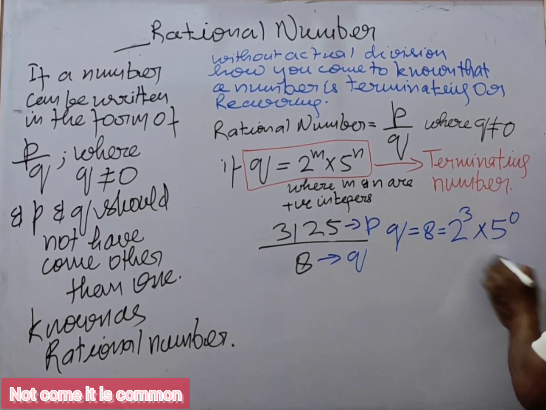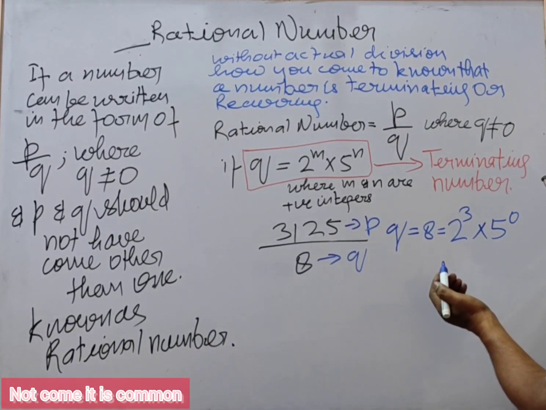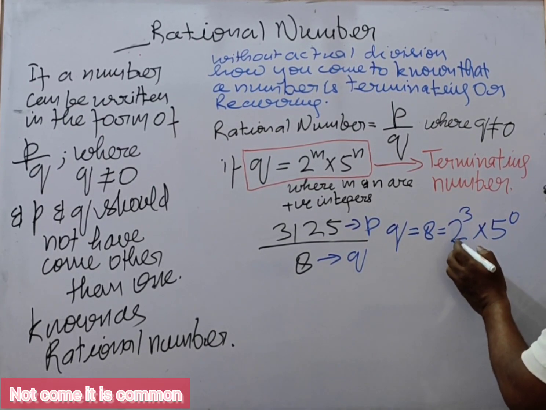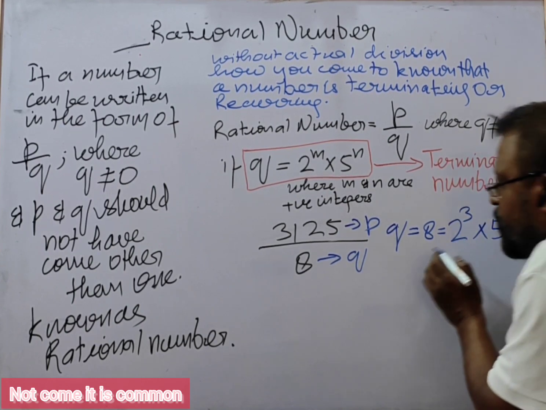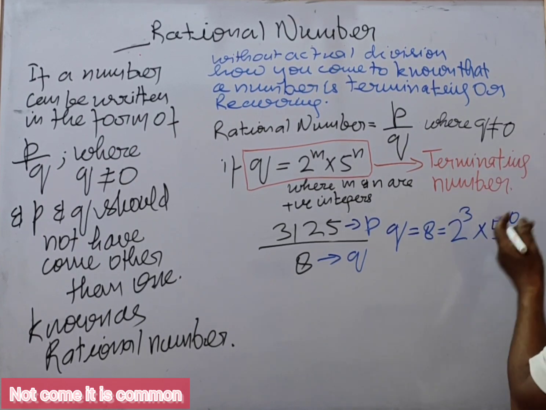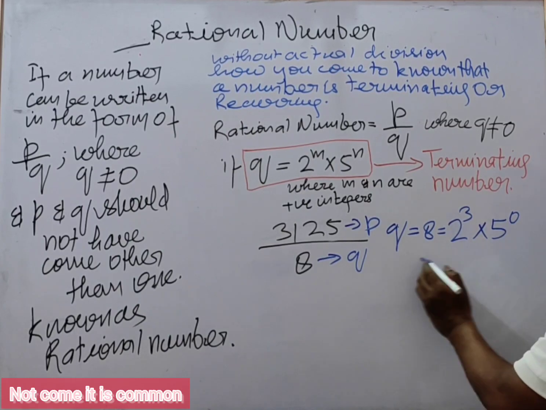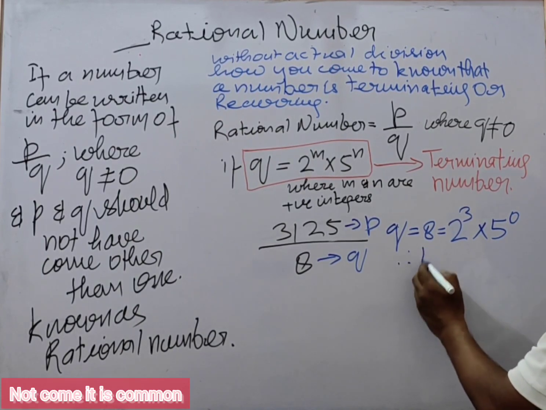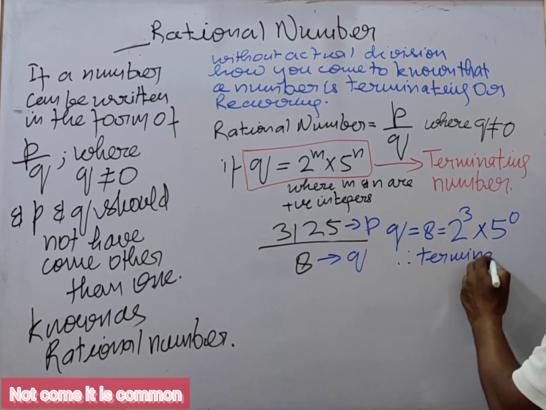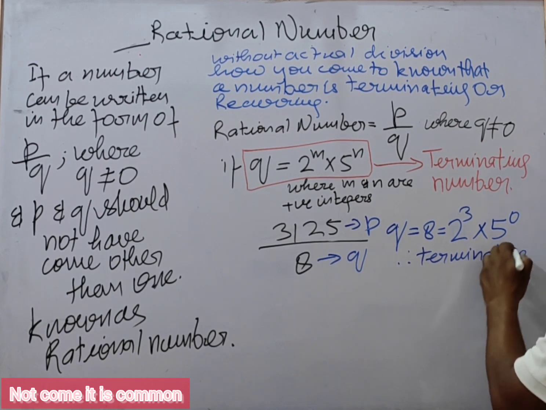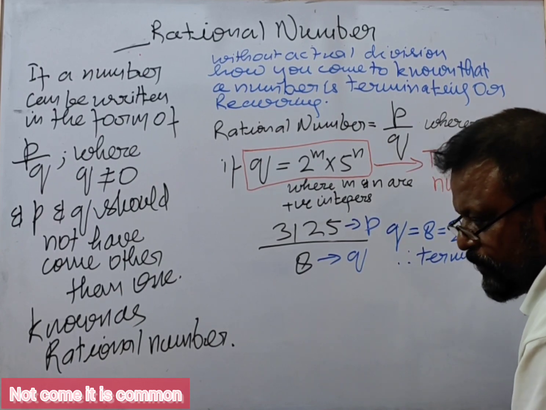Why 0? 5 raised to the power 0 is equal to 1; a raised to the power 0 is equal to 1. So 8 can be written in the form of 2 raised to the power m into 5 raised to the power n. Therefore, terminating.